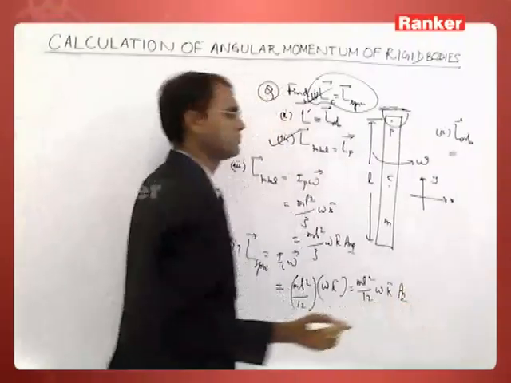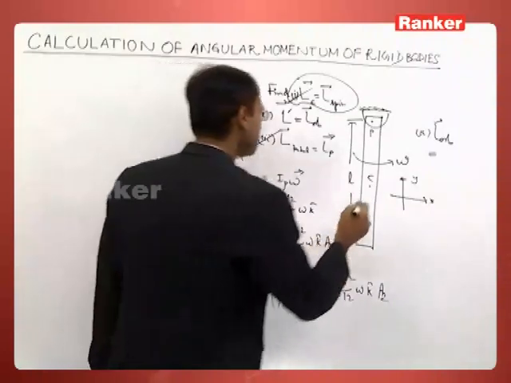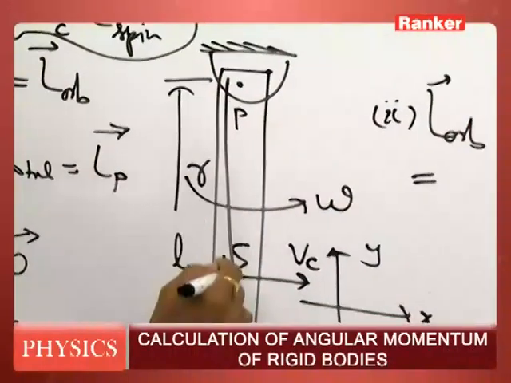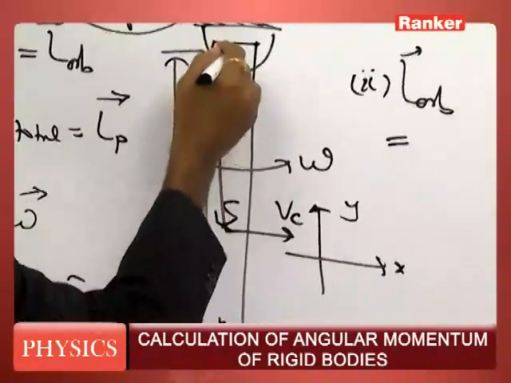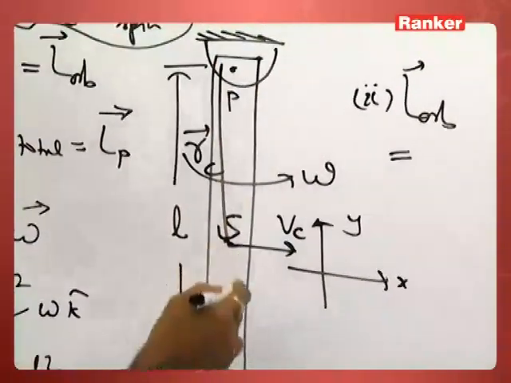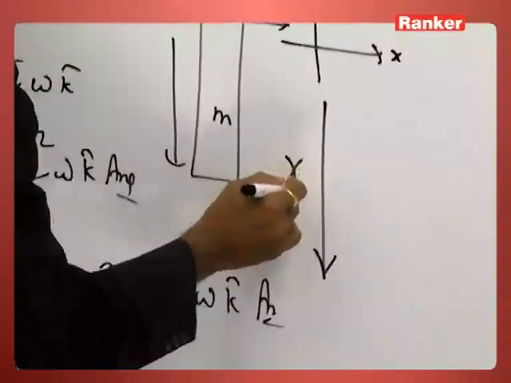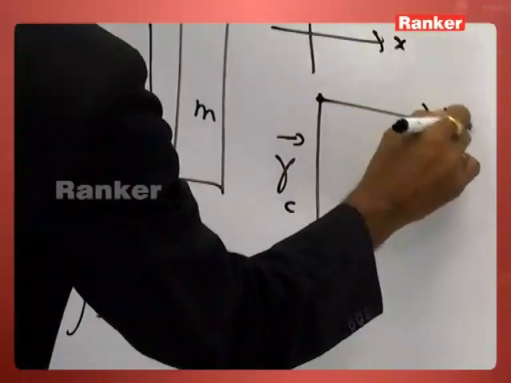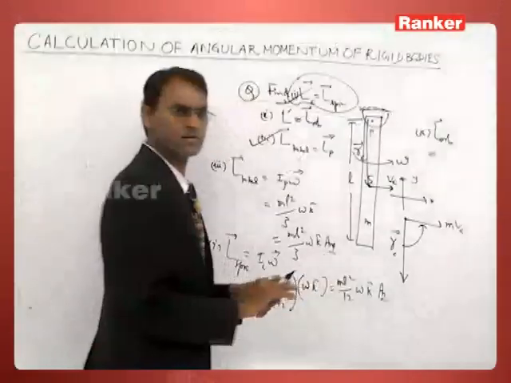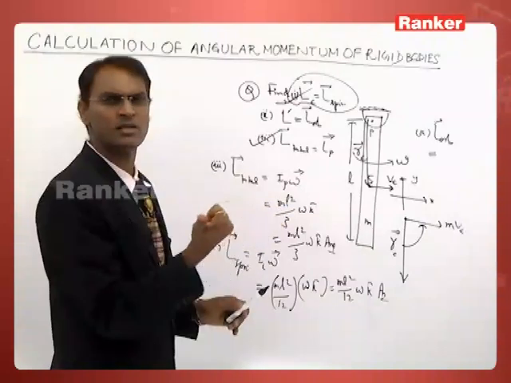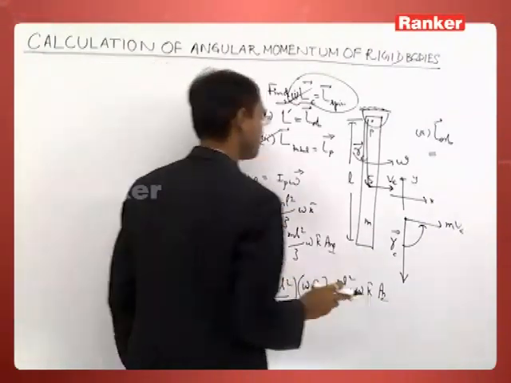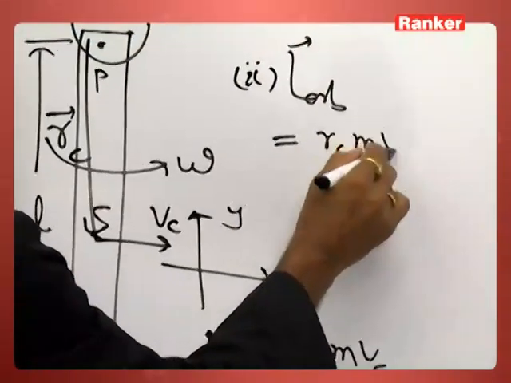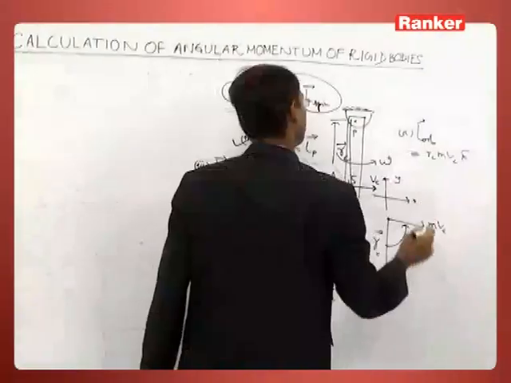is equal to center of mass velocity VC. This is R, the position vector of the center of mass with respect to this pivot or the fixed point. This is RC vector, and this is MVC vector. R cross MVC, you are getting outward, RC MVC plus k cap.